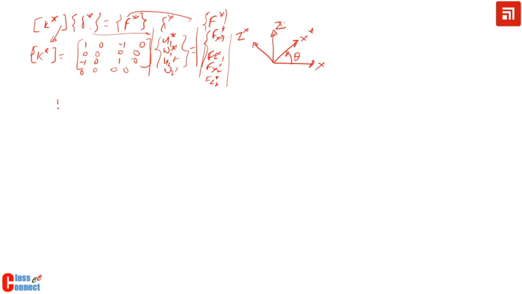Here I am directly writing down the transformation matrix. When we transform one axis into the other axis for node number 1, we get cos theta, minus sine theta, minus sine theta and cos theta.